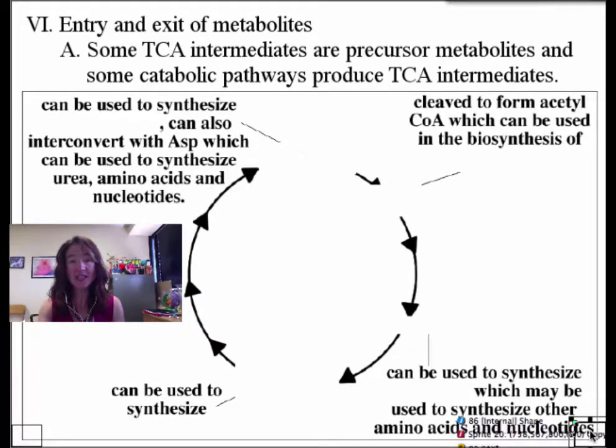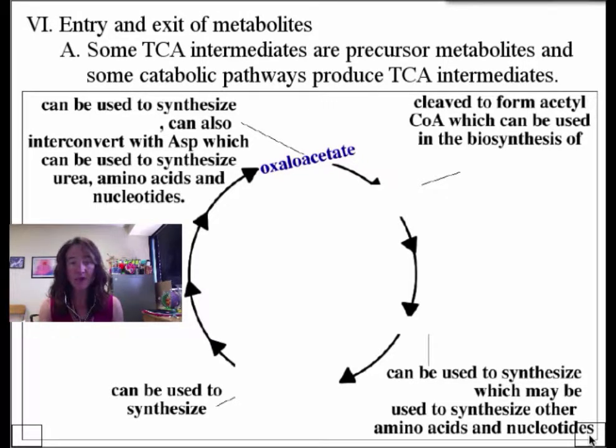I want to give you just some examples of the way in which these might be used as precursor metabolites, and we'll begin with our first intermediate or last intermediate, depending on how you look at it, oxaloacetate. We're going to talk in a minute about a reaction that can fill up oxaloacetate, but there are reactions that can also pull away oxaloacetate, and sometimes they're one and the same.